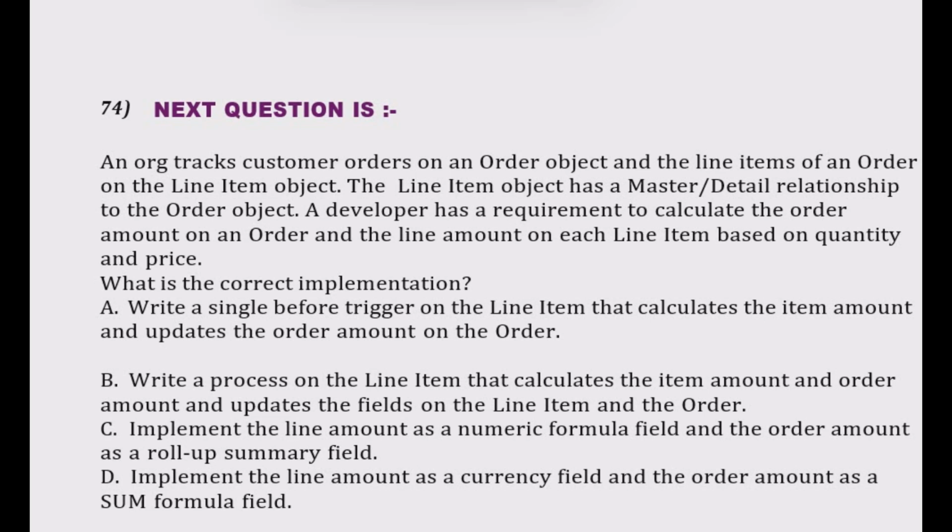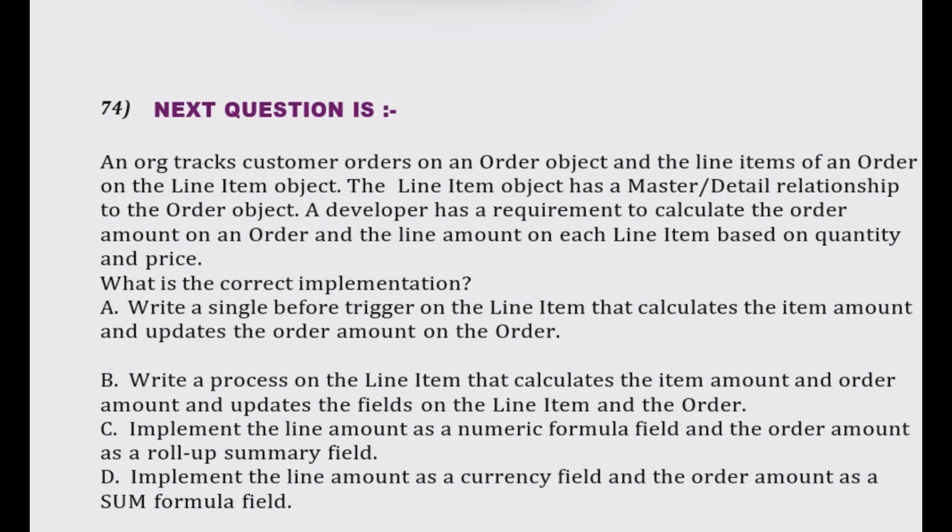Option A, write a single before trigger on the line item that calculates the item amount and updates the order amount on the order. Option B, write a process on the line item that calculates the item amount and order amount and updates the fields on the line item and the order.